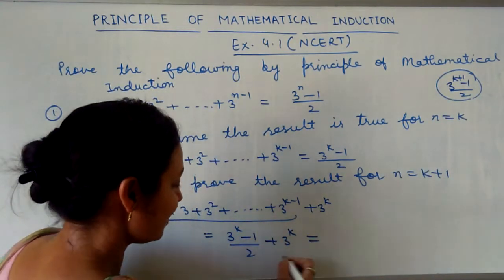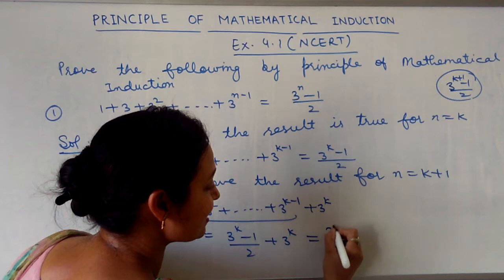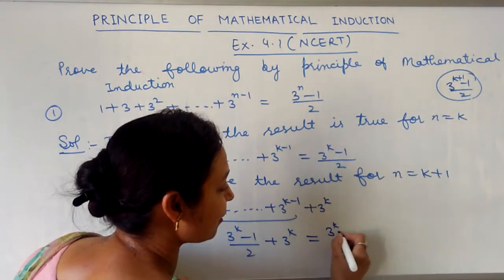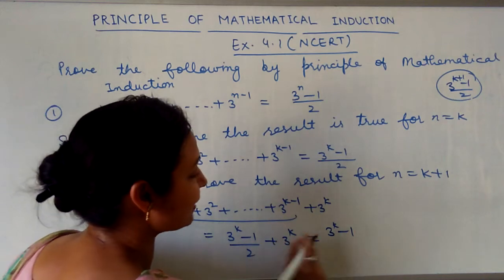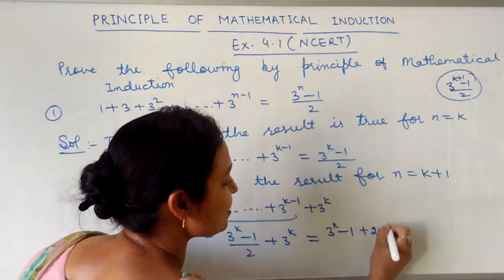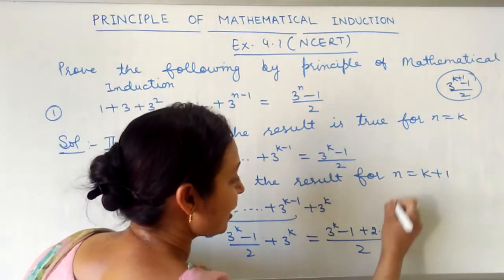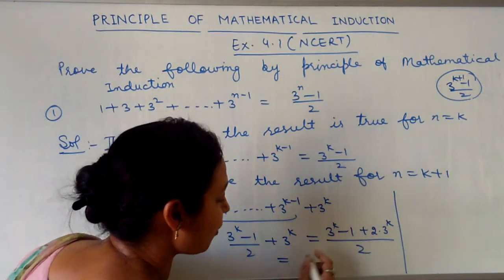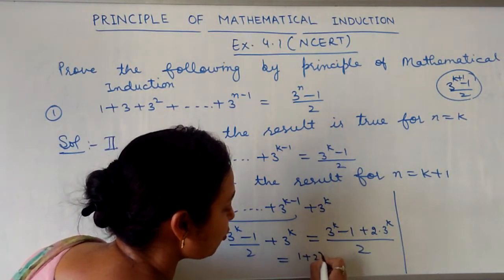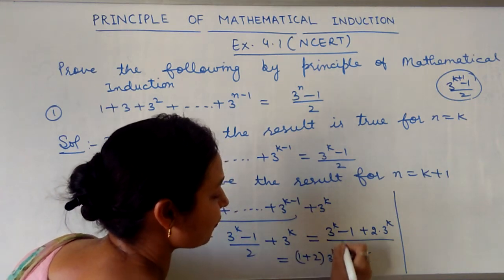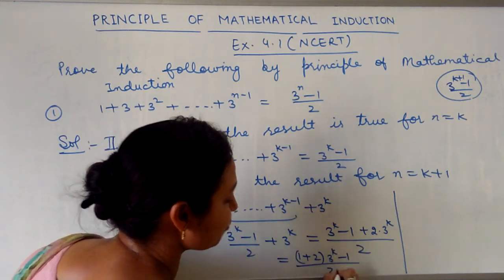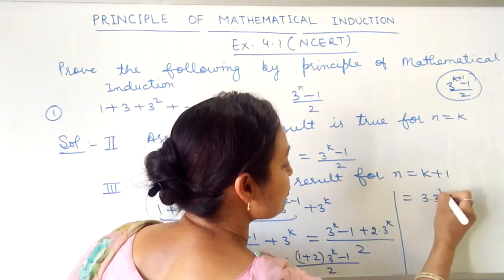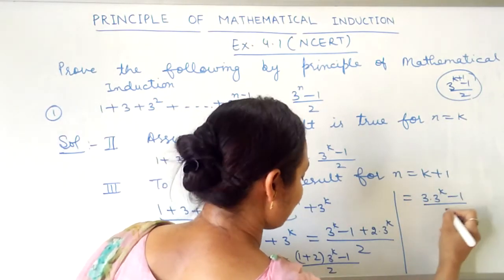To solve it, take the LCM: 3 raised to power k minus 1, plus 2 into 3 raised to power k, divided by 2. After that, 3 raised to power k is common: 1 plus 2 is 3, so we have 3 into 3 raised to power k minus 1 upon 2.